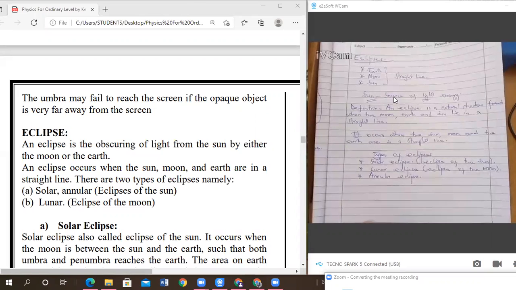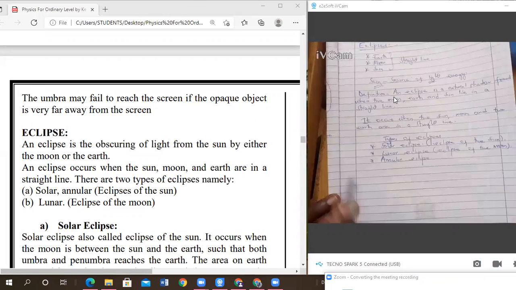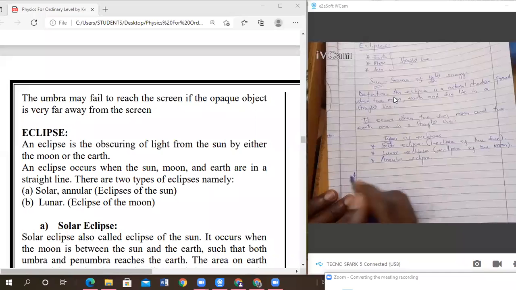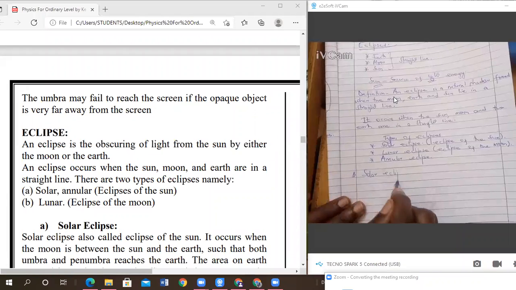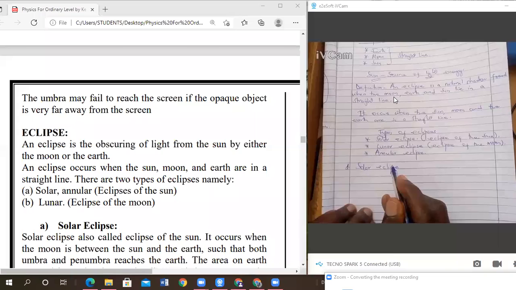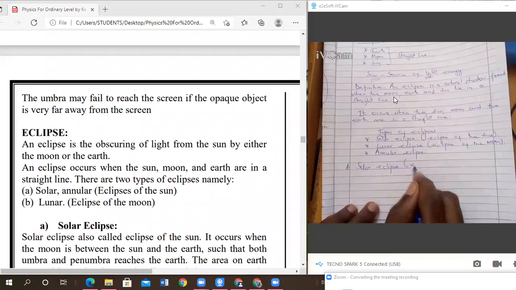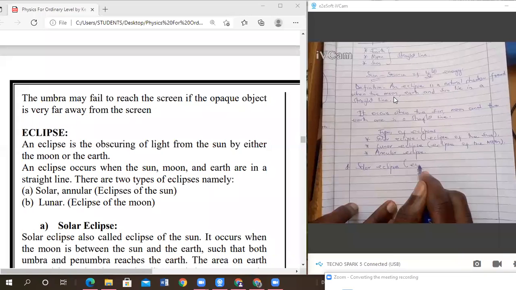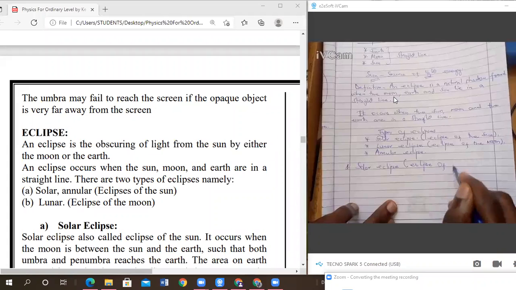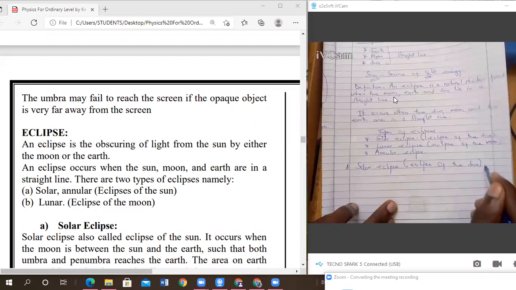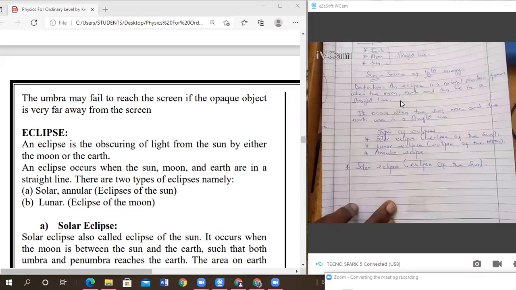So let's start with the first one, the solar eclipse. Let's see how a solar eclipse is formed. Solar eclipse, or the eclipse of the sun.